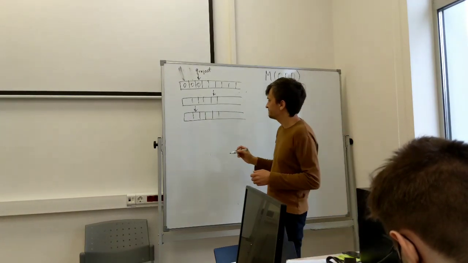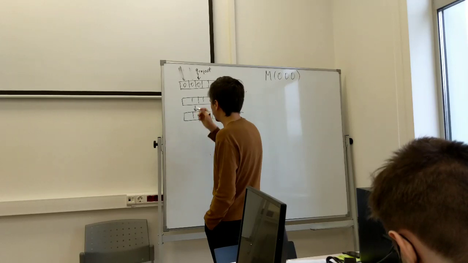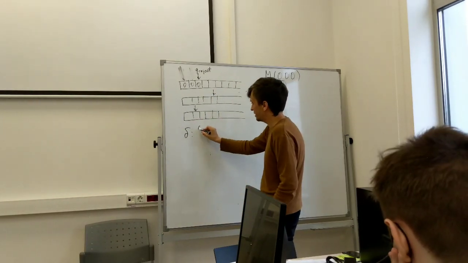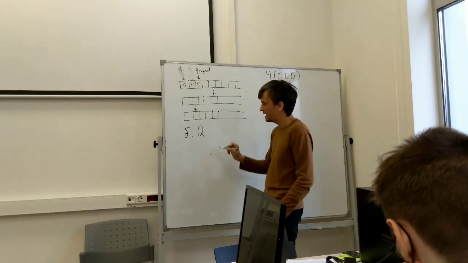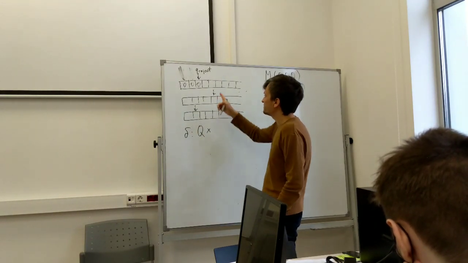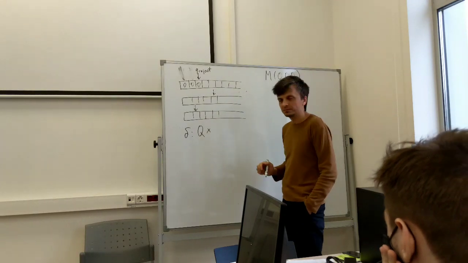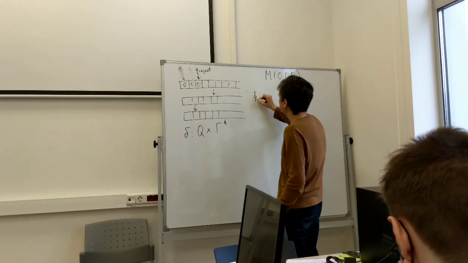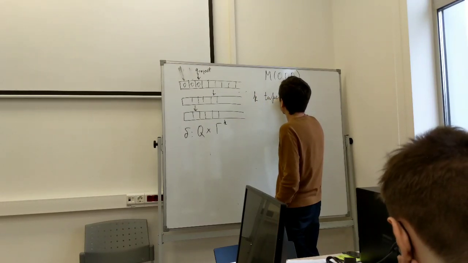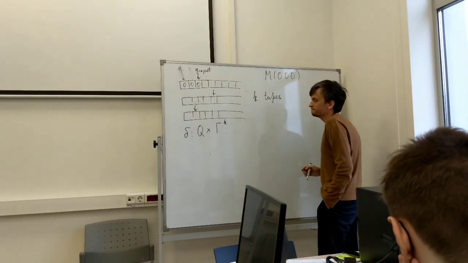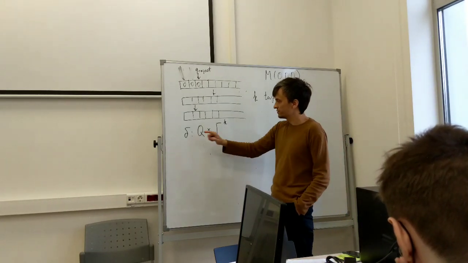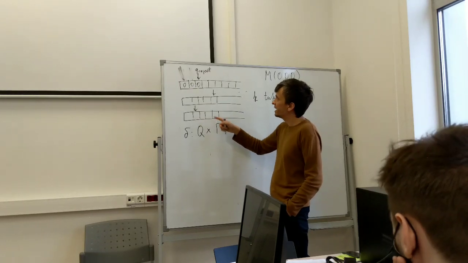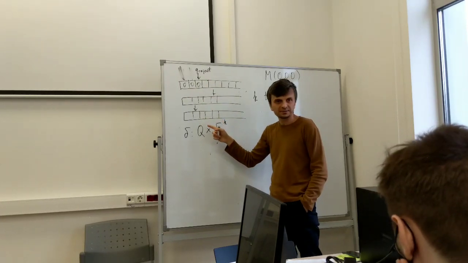So the transition function is now defined as follows. It takes, again, one state as input, and a set of symbols. Let's say that we have k tapes. Then the input to the transition function is a state and the k symbols pointed to by the corresponding heads.